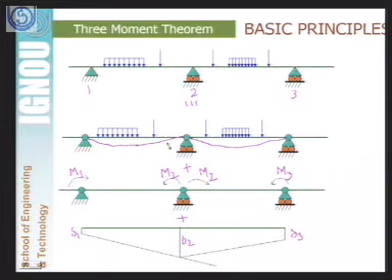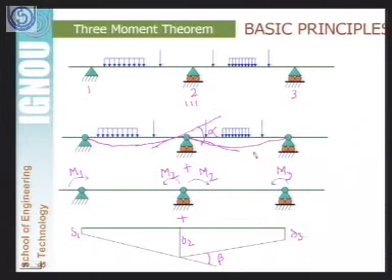If we draw a tangent at this point, this angle, say alpha, will be the relative rotation between these two parts, and because of the sinking of the supports, there will be a rotation of angle beta.